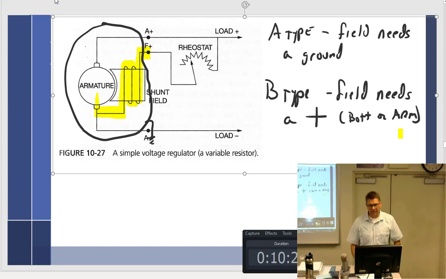Regardless of the type, I want you to know that because a lot of this revolves around A or B type. In fact, shame to admit it, but I worked in a shop and we overhauled a lot of engines, and we had a guy who overhauled a lot of generators. And working in tandem, I watched us buy a lot of voltage regulators.